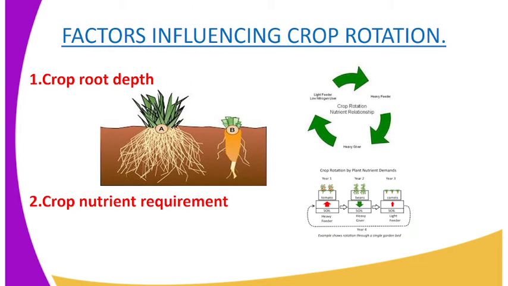On to factor number one. We have crop root depth. Remember, we have roots of different length, and therefore there are crops which are deep rooted. The crops which are deep rooted are supposed to be alternated with the crops that are shallow rooted. For example, we have carrot, and also we have another crop here with a fibrous root system.